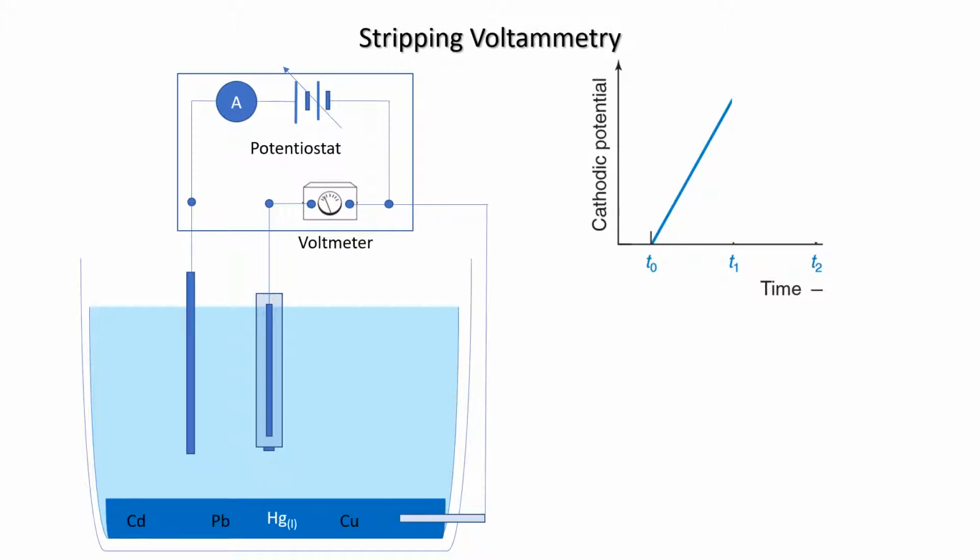And there they are, all absorbed into the mercury. This process is then reversed. The voltage of the electrode is swept from negative to positive to oxidize the amalgamated species and then release them back into solution. This is a highly sensitive technique as the analyte is concentrated from a dilute solution.